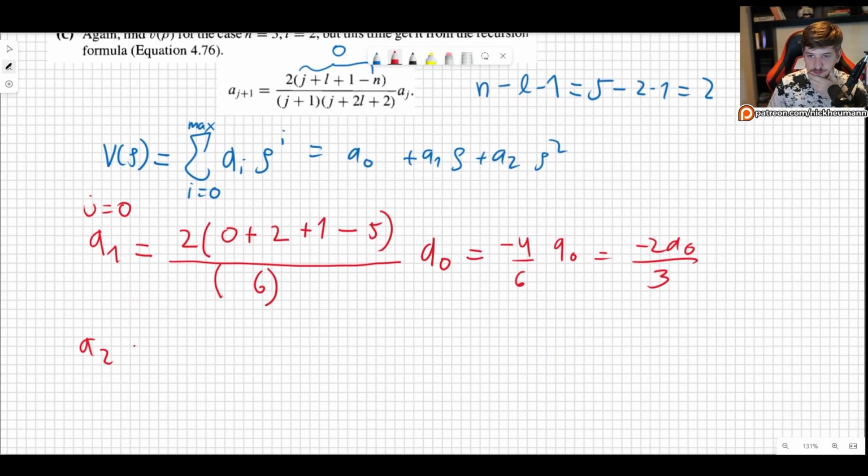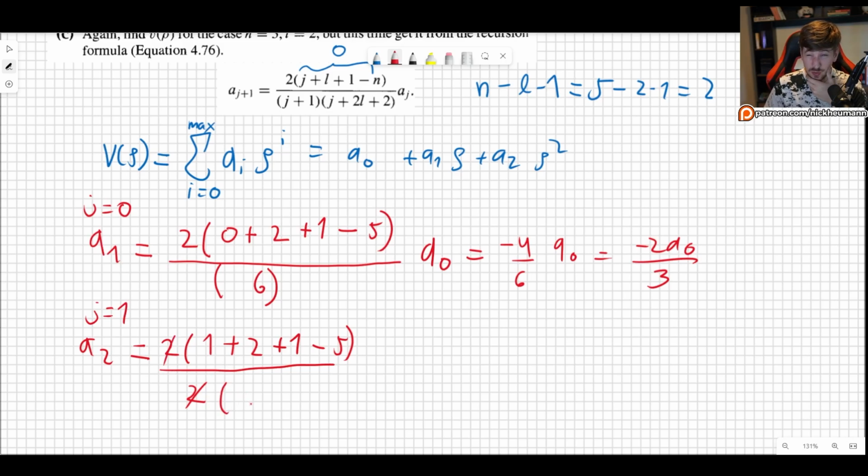So A2 would be equal to 2 times J, which in this case corresponds to J equal 1. So 1 plus L, which is 2, plus 1 minus N, which is 5. And then divided by 2, which will cancel out with that. And then divided by 1 plus 4 plus 2, so that's 7. And this times A1. So here we have minus 1, so we get minus A1 over 7.